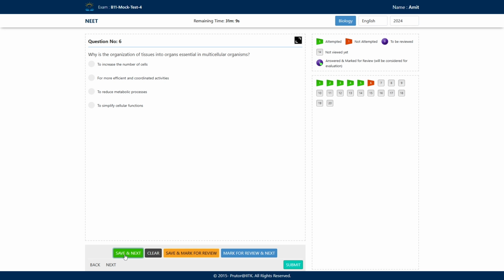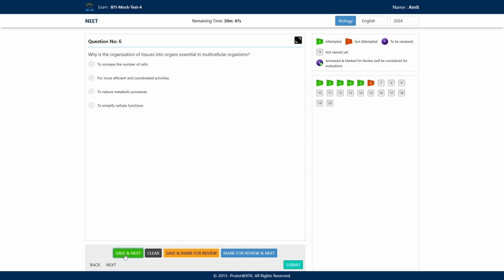Why is the organization of tissue into organs essential in a multicellular organism? A, to increase the number of cells for more efficient and coordinated activities. C, to reduce the metabolic processes, to simplify the cellular functions.